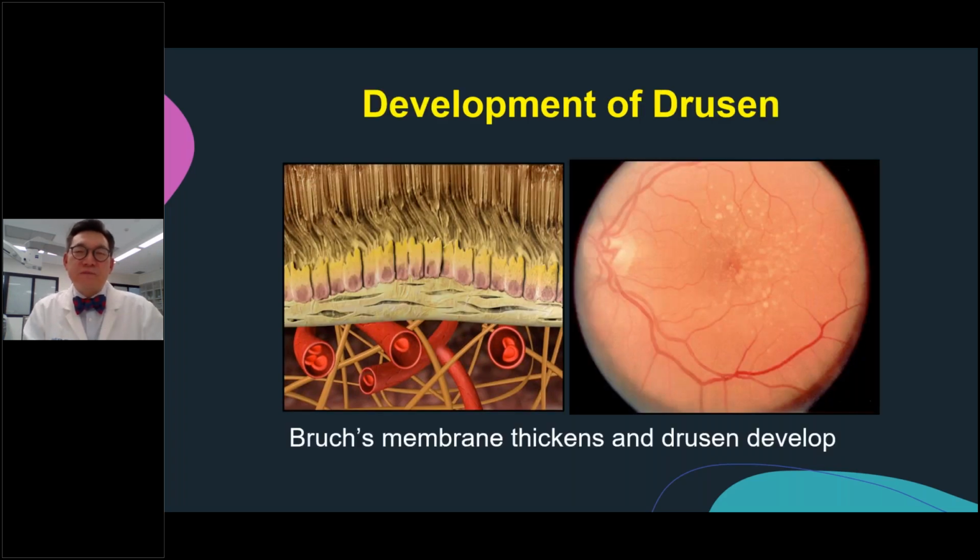Early stages of macular degeneration are associated with protein material which deposits just under the RPE layer. You can see this on the illustration in front of you. We call them drusen. If we look inside the eye with a photograph, they look like little white dots.